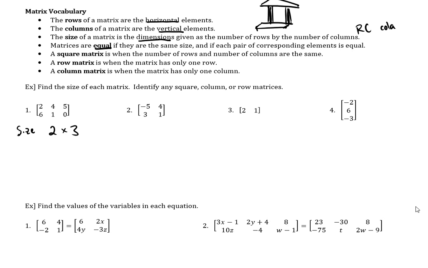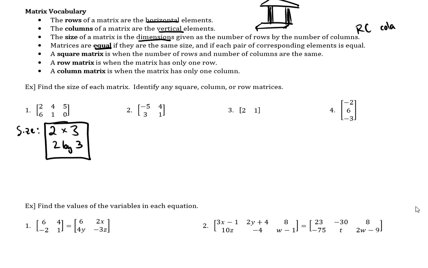That's often how we write it, using the x. It doesn't mean multiply, it means 2 by 3. You can write it in words if you prefer. It is 2 rows, 3 vertical columns. That's the size, and there's nothing else special about it. It's not a square, column, or row matrix.